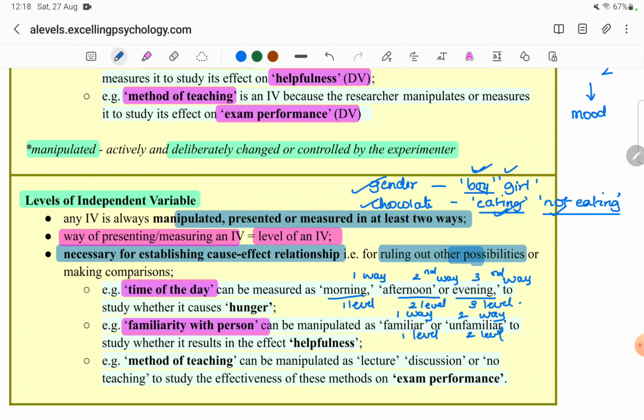Again, in terms of whether this variable could be measured or manipulated, both could be done. A researcher could manipulate this variable. He could get his participants to become familiar with some individuals by making them have a meeting for a few minutes, and he could keep them unfamiliar towards other people by not allowing them to meet. Or he could naturally measure participants' relationships with certain people.